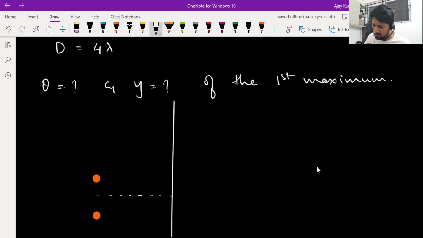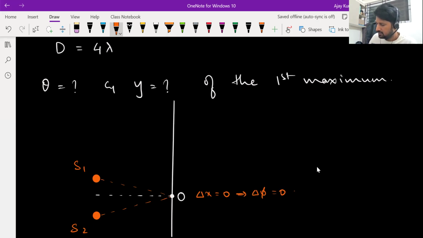The point on the screen, which is on the perpendicular bisector of the sources, becomes the central maximum because the waves from S1 and the waves from S2 travel equal distances to arrive at O. Therefore, the path difference becomes 0, which means phase difference is 0, which means they undergo constructive interference, and that becomes a maximum. The next maximum may occur somewhere here, as you move away from the point O. That is what you call the first maximum.